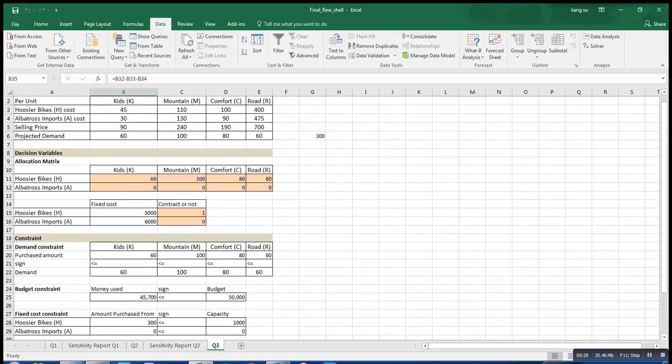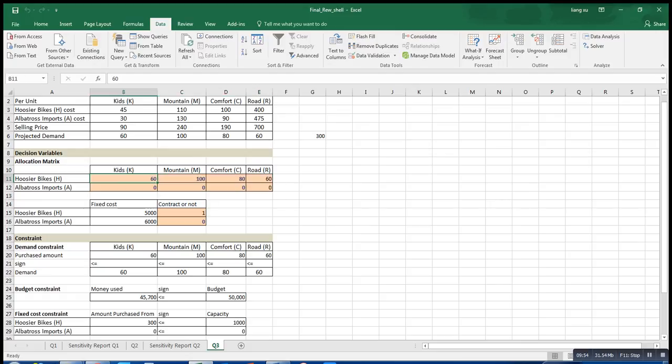So let's see how we're going to interpret this result. First, let's look at the contracting variable. It says contract 1, this is 1, so you're going to contract with Hoover's Bike, probably because it's easier to set up the contract, because the fixed cost is smaller. Once you decide that, you will decide how many of each type of bike you're going to purchase from the suppliers.